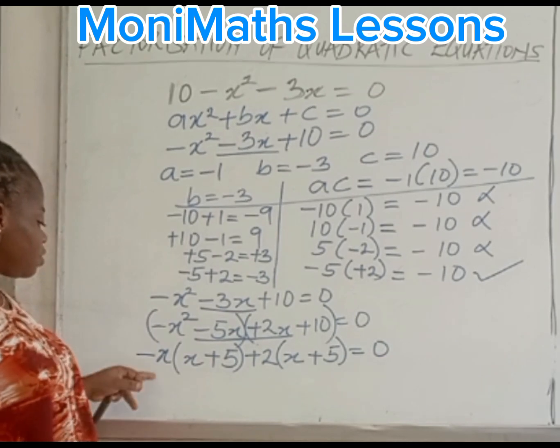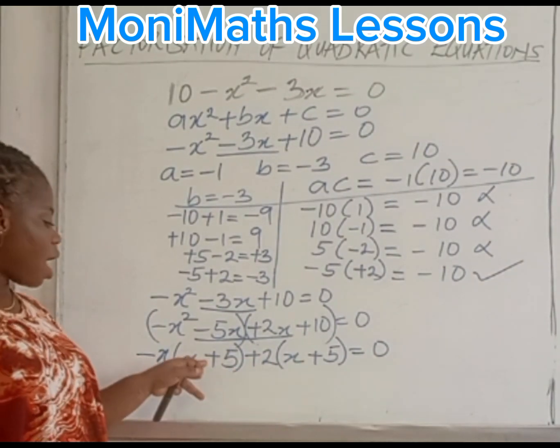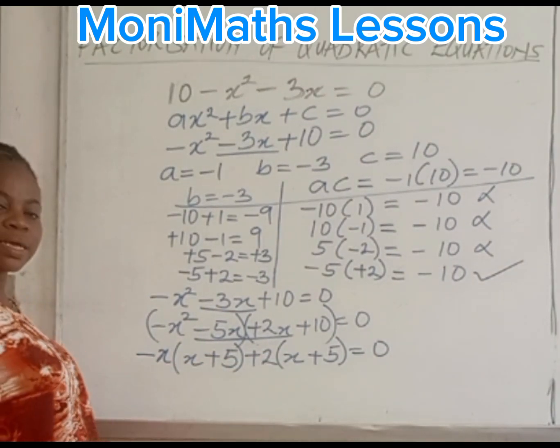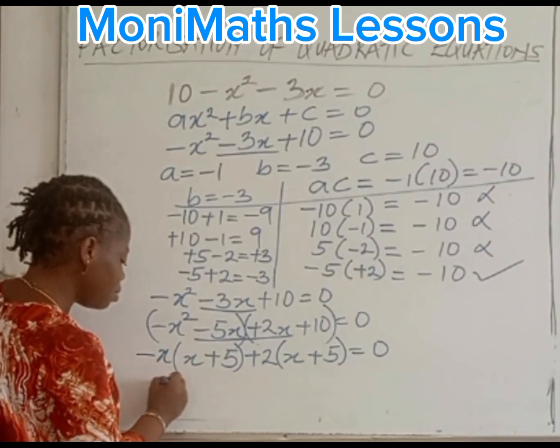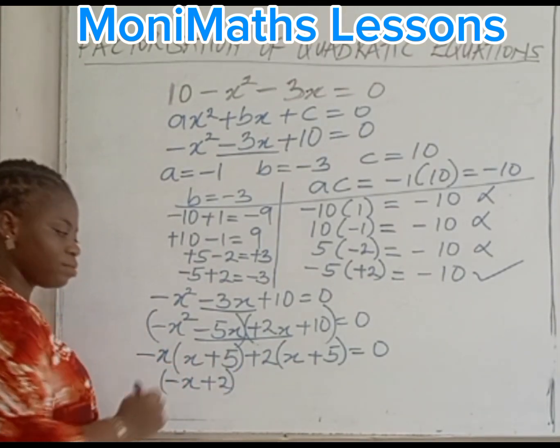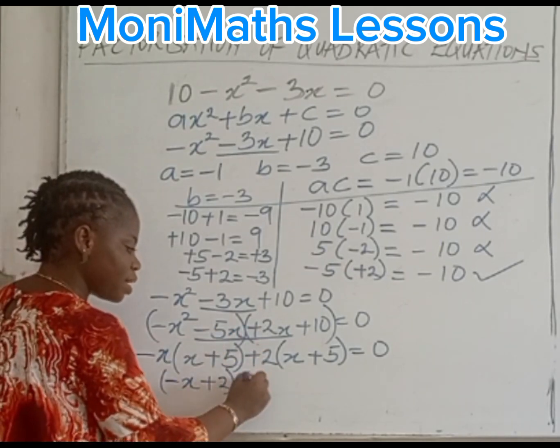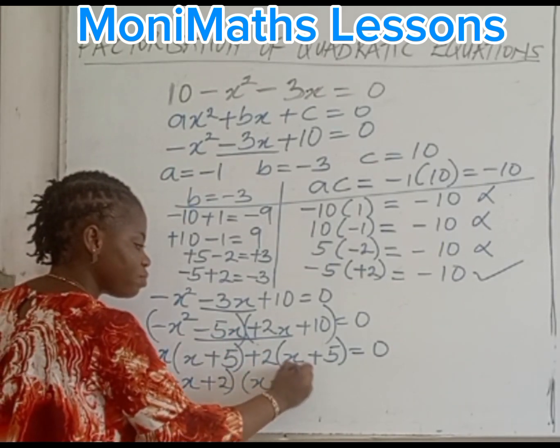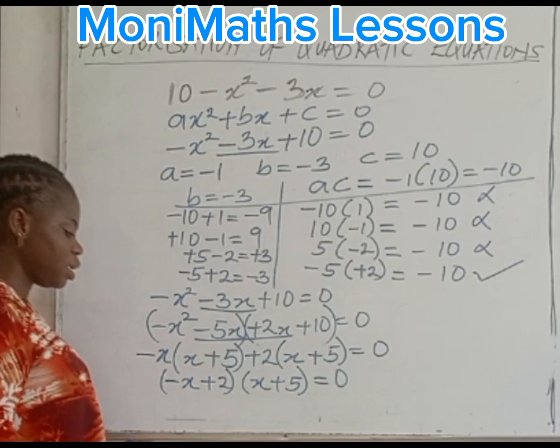The next thing is to take the factors outside and one of the identical brackets, so that I have minus x plus 2, those are the factors outside. Then one of the identical brackets, x plus 5, equals 0.